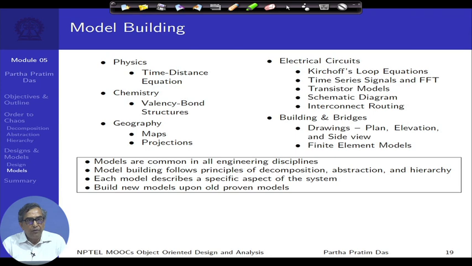So, we have seen a lot of models in different domains. On the left I have kept some school level generic domains, like in physics we have talked about the time distance equation. That is, if I know that a train has been moving at 10 kilometers per minute, and then has been accelerating at a certain rate, then after a given period of time, how much the train will cover, I do not really need to make the train run and measure and find that out.